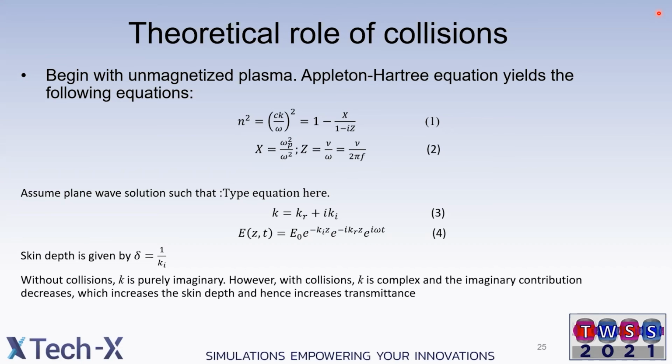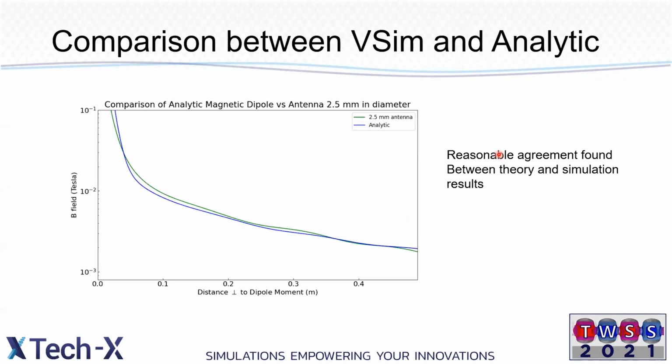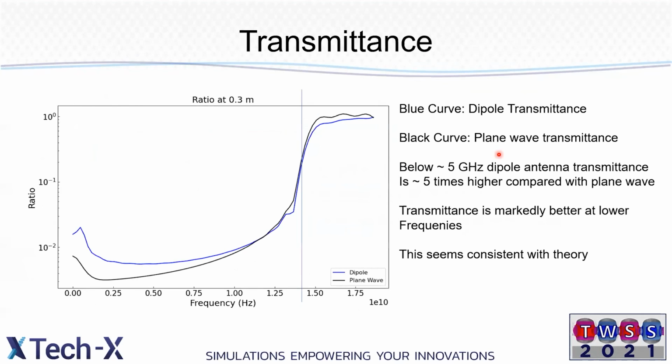Do you get higher transmittance with plasma for some frequencies? Yeah, for sure. If we go back to this plot, I know I went through these fast, but this is the transmittance as a function of frequency.